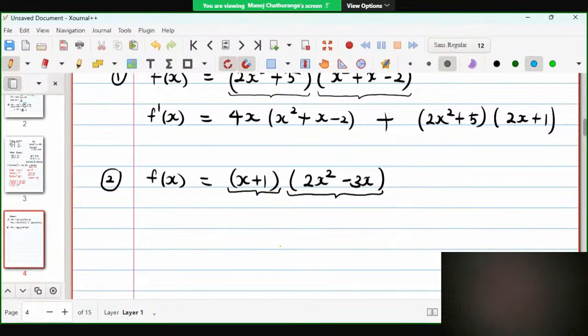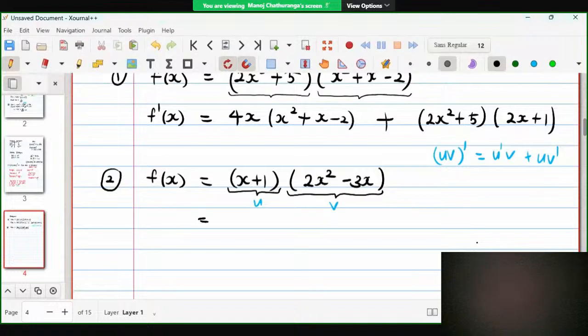The way I memorize this formula is (uv)' is u'v plus uv'. Because f and g are usually used many times in these problems, even in the problem statement you see a lot of f's and g's, so it's probably better to use some other symbols. So think of this as u and v.